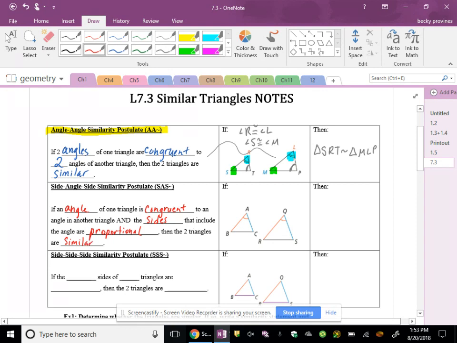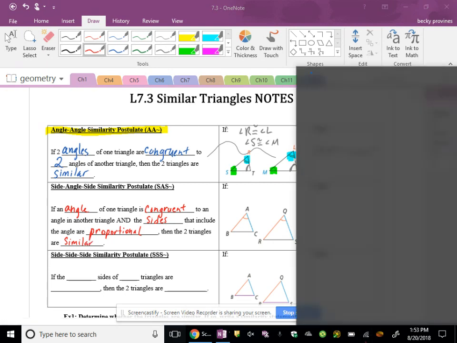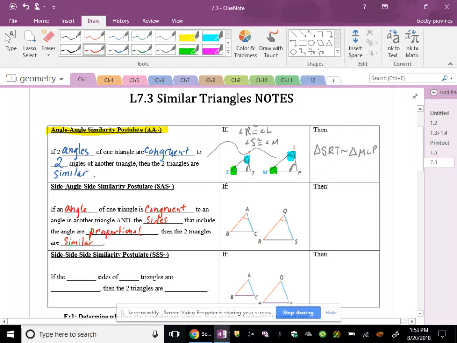Okay, so I'm going to plug some numbers in here just to make it more understandable. So if this is 4 and this is 3 and this is 8 and 6.